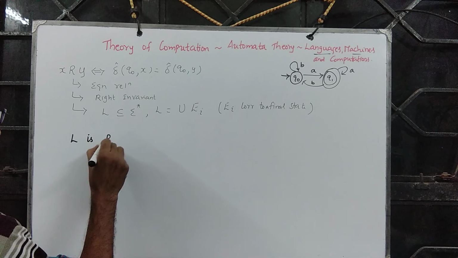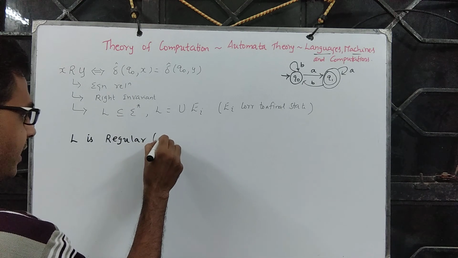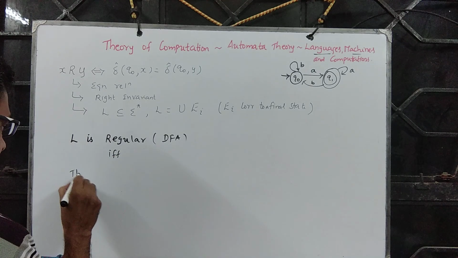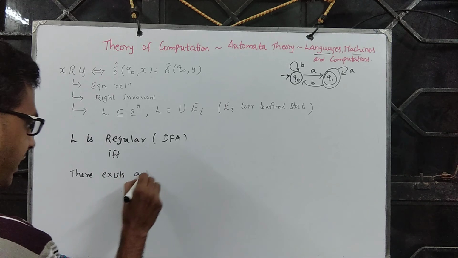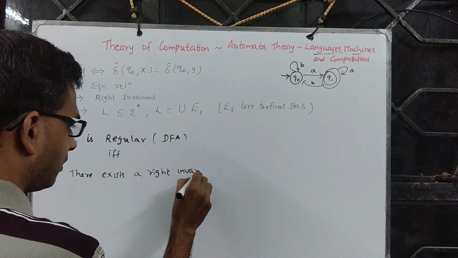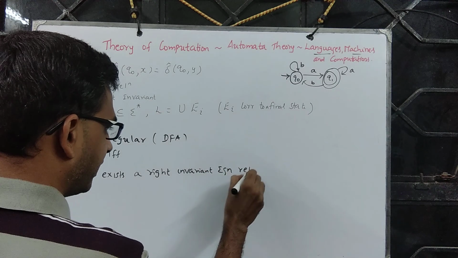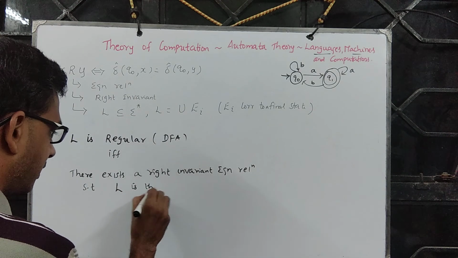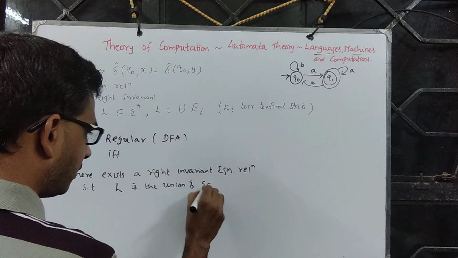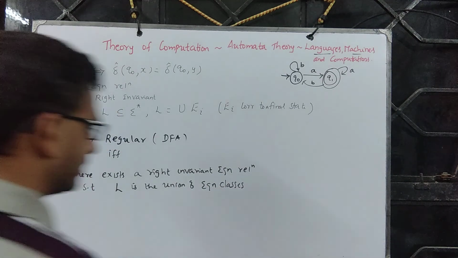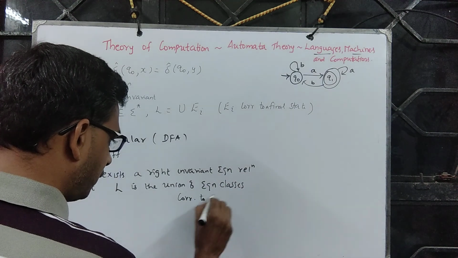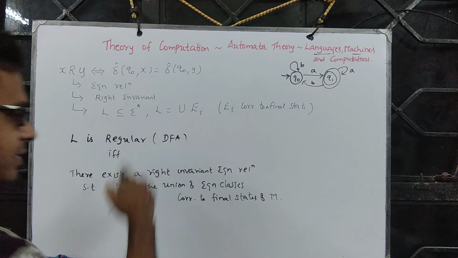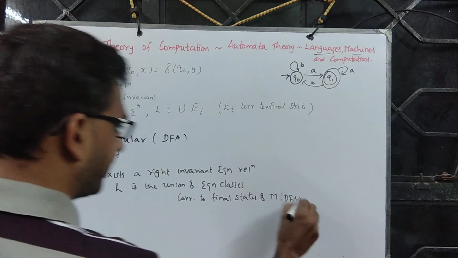L is regular, or you find a DFA, if and only if there exists a right invariant equivalence relation such that L is the union of equivalence classes corresponding to final states of M. M is the deterministic finite automaton.